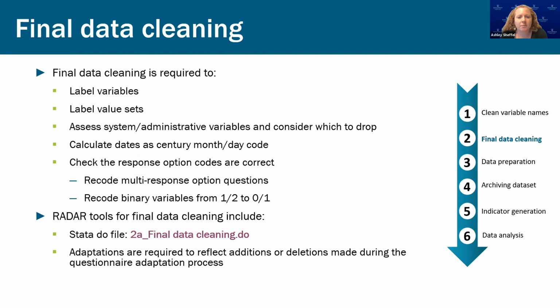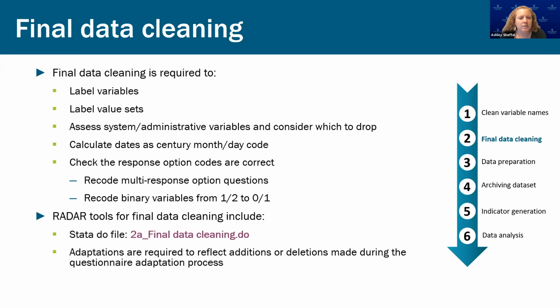The second step is the final data cleaning, and it's going to be divided into two parts. The first part of final data cleaning is labeling variables and labeling value sets, so giving those ones and twos, yeses and nos, looking to assess any system or administrative variables and considering which ones to drop, which things you don't need to maintain in your final data set.